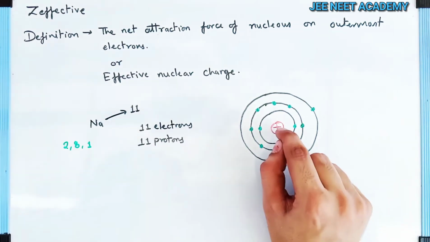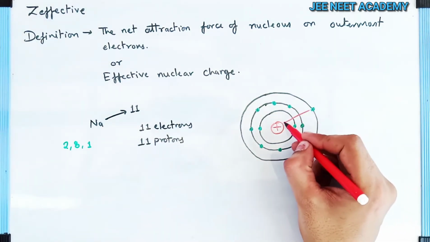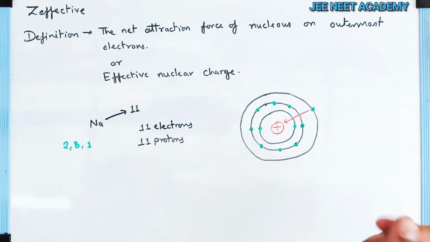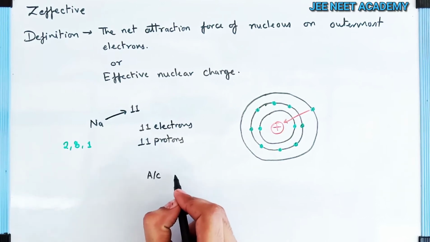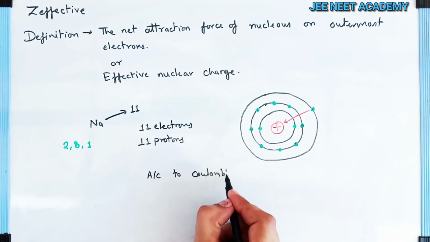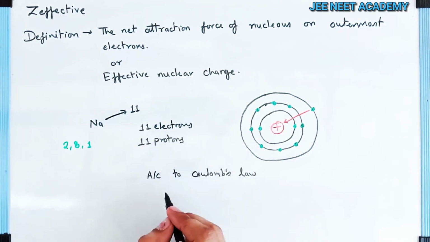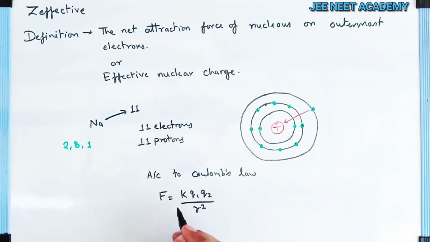So this nucleus, which has the plus charge, will attract the outermost electron, and the electron will also attract the nucleus. According to Coulomb's law, the force of attraction will be K Q1 Q2 upon R square.